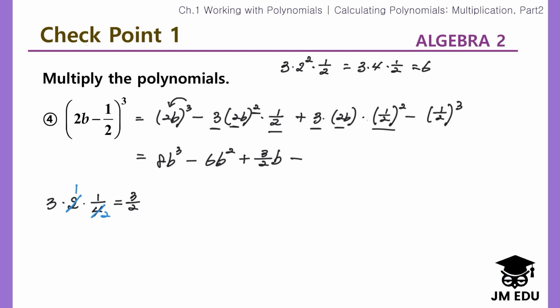Minus 1/2 cube. 1 cube is 1, 2 cube is 8. So minus 1/8. So if we multiply this, then that's going to be 8b cubed minus 6b squared plus 3/2b minus 1/8.